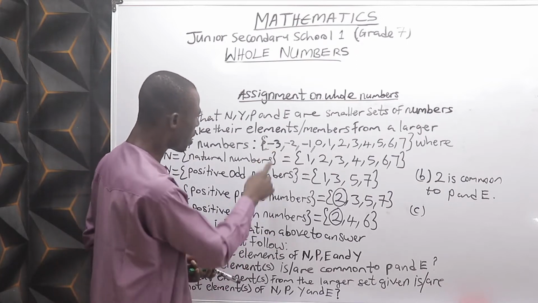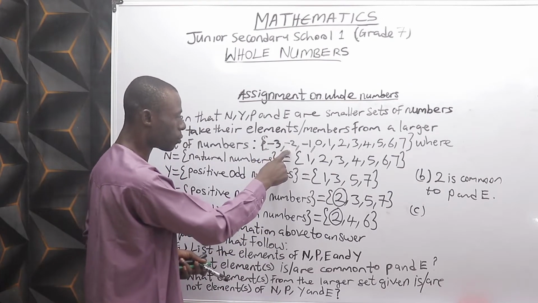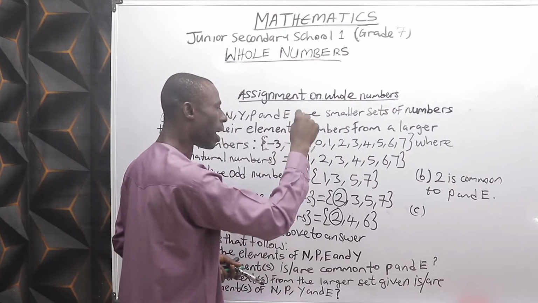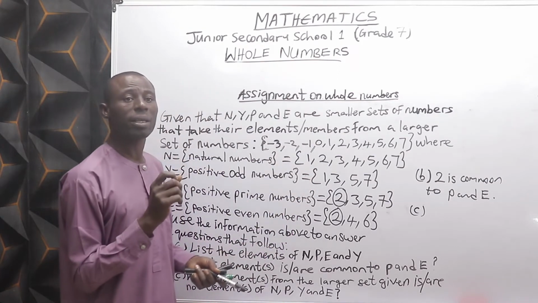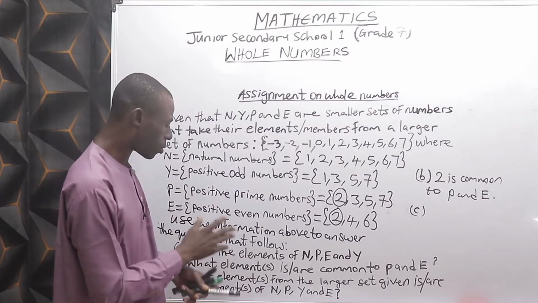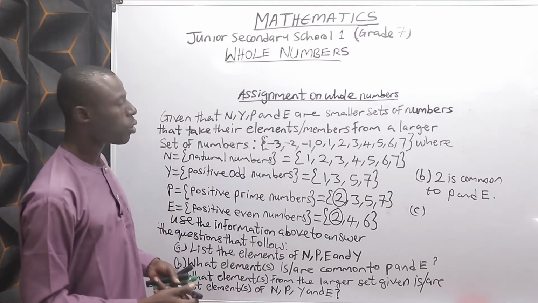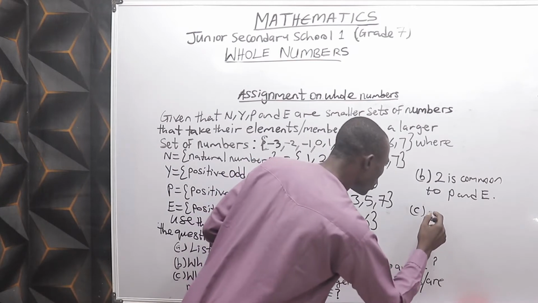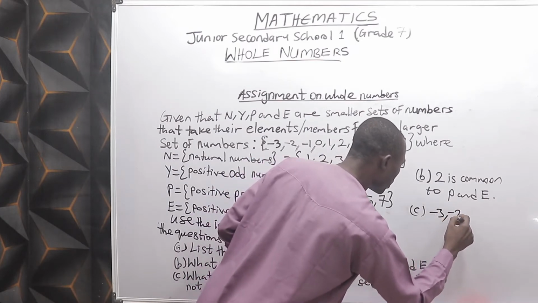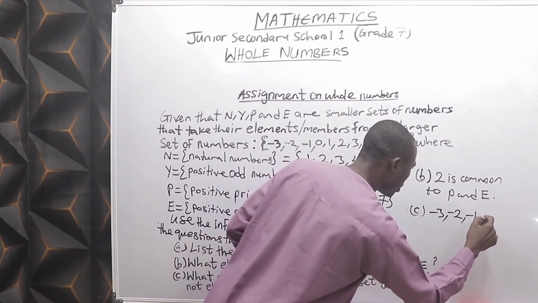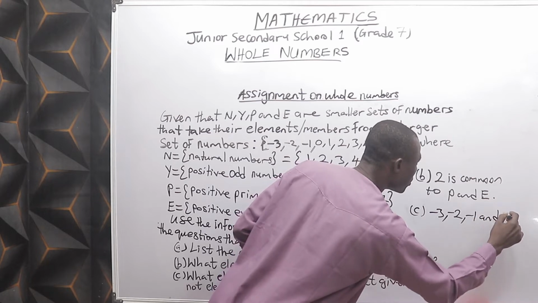You can see it is -3, -2, -1, and 0. They are the elements that are not part of any of the 4 smaller sets.